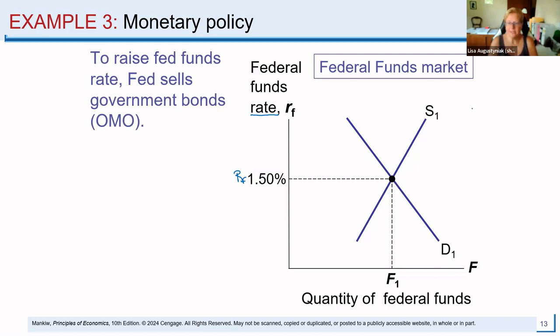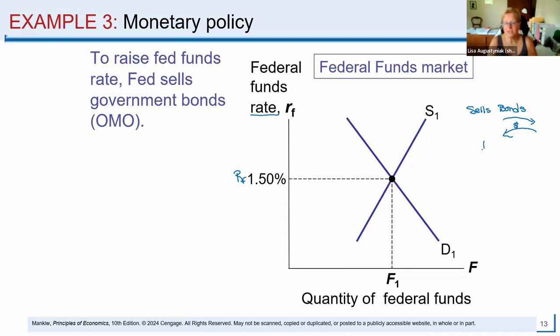So remember, if the Fed sells bonds, then what are they going to be doing? If the Fed sells bonds, they are taking pieces of paper, sending them to households in exchange for money.